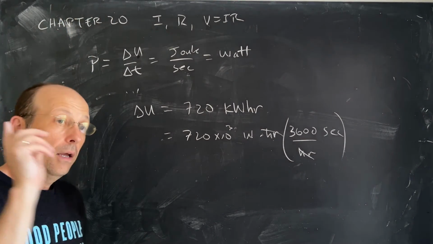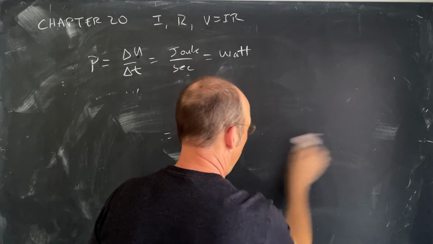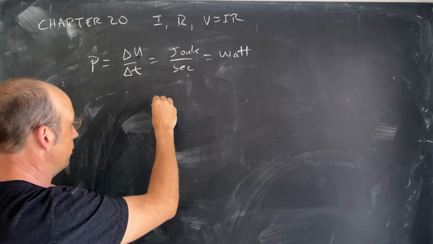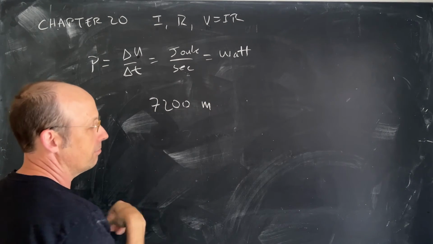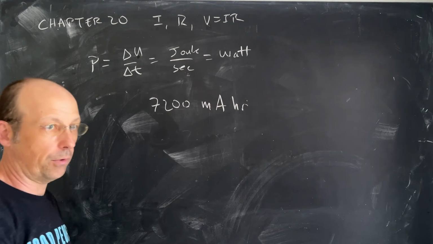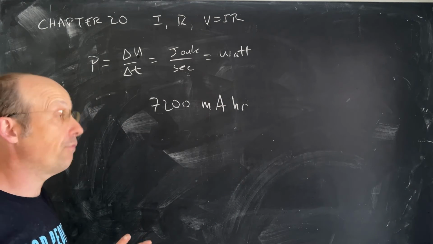Okay. The other way you'll see energy on a battery, and I think iPhone batteries and phone batteries do this, is in something like 7200, actually maybe not, mAh, milliamp hours. That's not technically a unit of energy, but you can find it.